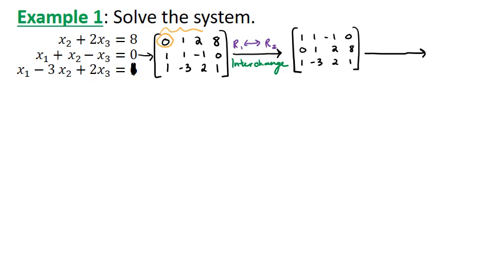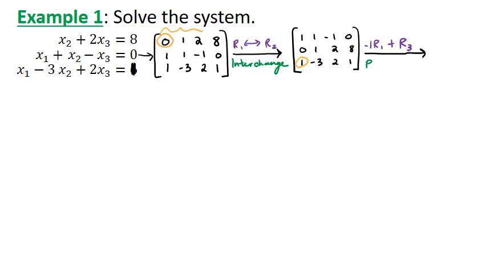So what I'm going to do is I need to try to make this 0. And there are different ways you can do this, but what I'm going to do is take row 1 and multiply it by negative 1, and then add that to row 3.